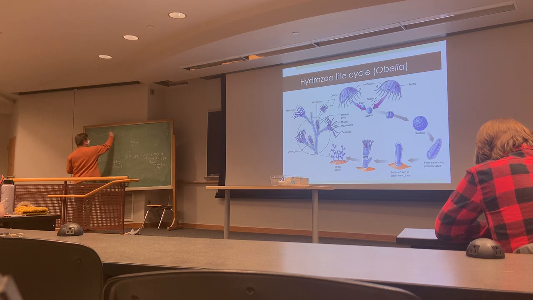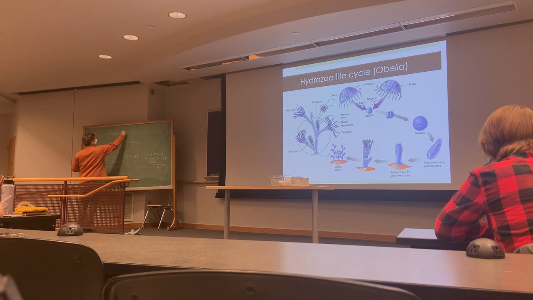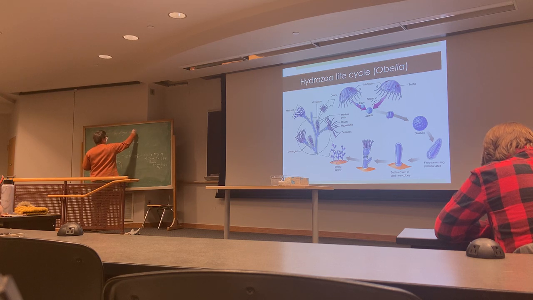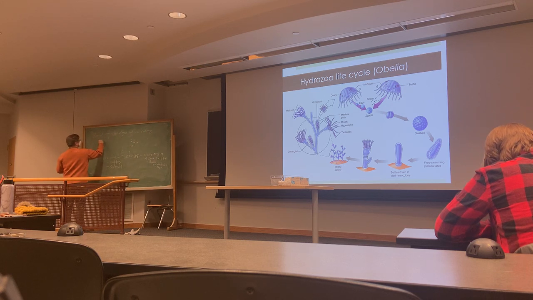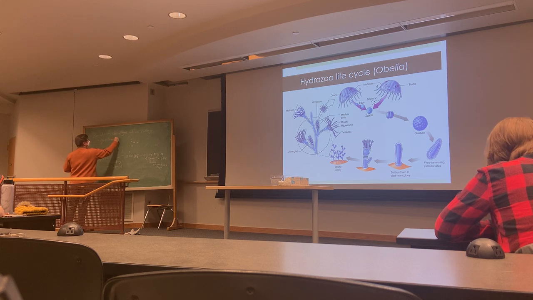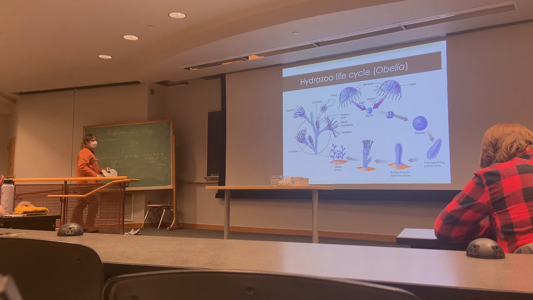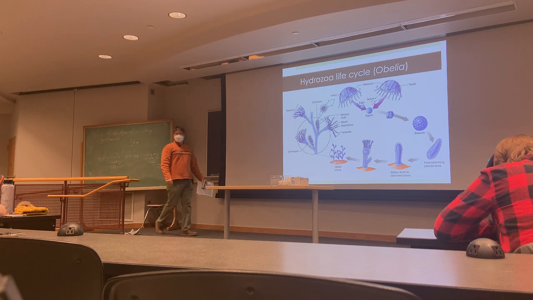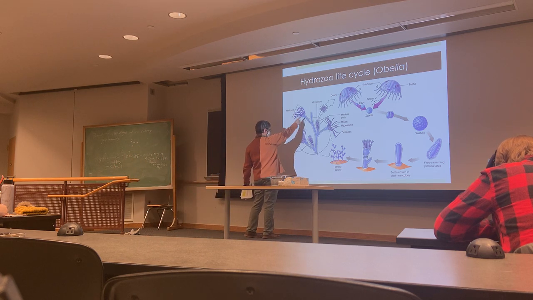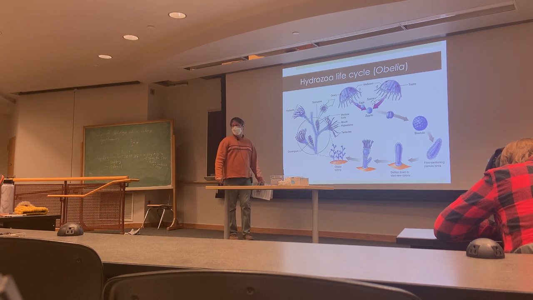Zooids is typically used to refer to types of specialized individuals in a colony. Gastrozooids are the feeding polyps, or the hydranths are the feeding polyps.